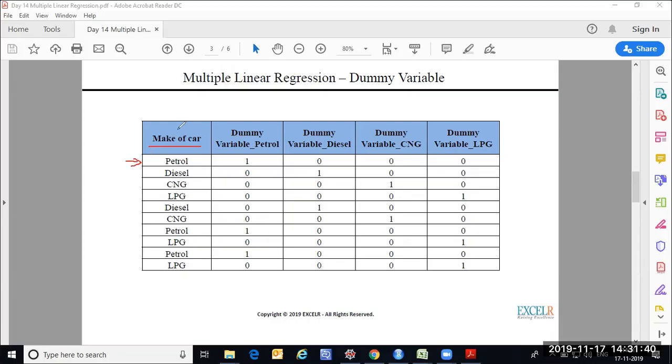There's a typical categorical variable, make of a car. So how many classes do we have in this? 4 classes: petrol, diesel, CNG, and LPG. To create the dummy variables, we need to come out with 4 dummy variables, which is very much specific to each one.